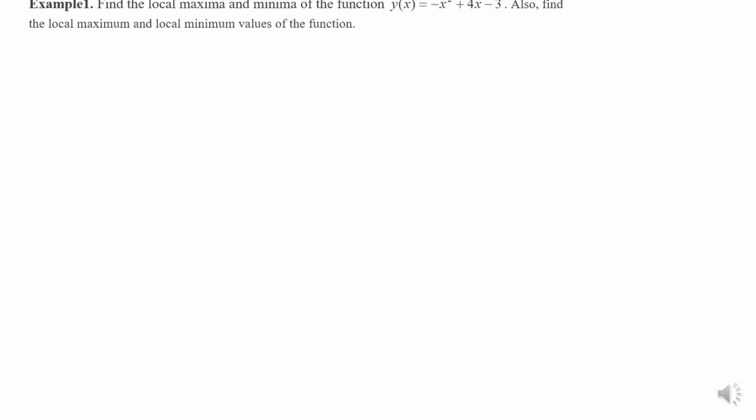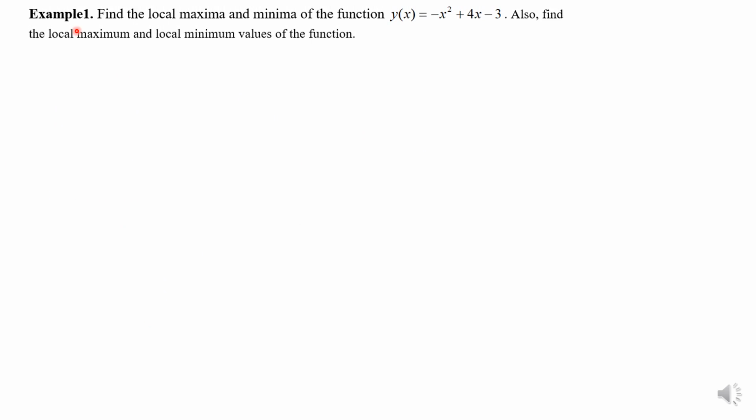So here is one problem I want to solve. Find the local maxima and local minima of this function, and also find the local maximum and local minimum value of the function. If you remember, this function is the same as the one I cited as example number 2. So let me bring the two conditions we need to solve the problem.